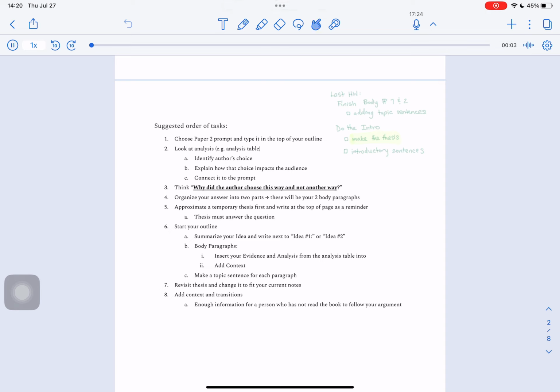So today's homework, this is last homework. Yay. You are going to finish body paragraph 1 and 2. That means adding the topic sentences.